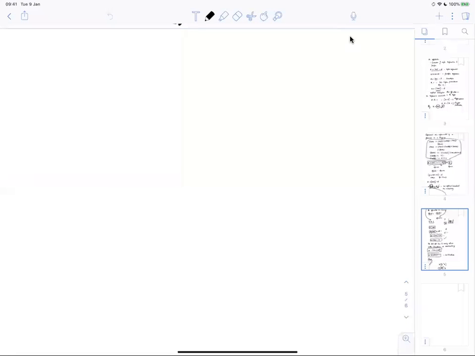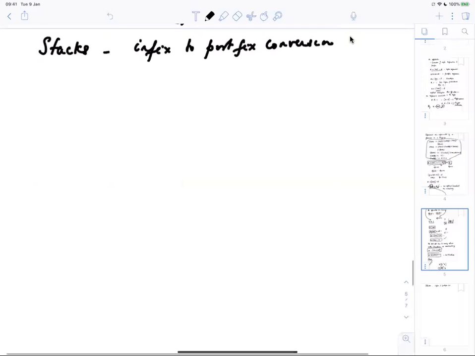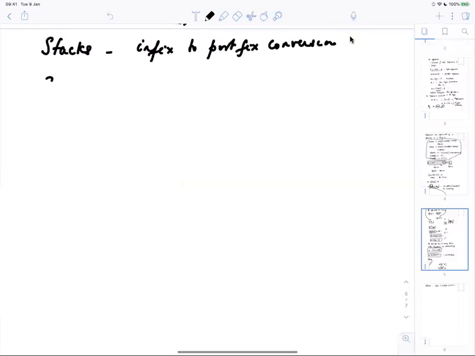So we talked about stacks. We looked at infix to postfix conversion. And we also looked at how to implement a stack using a list.